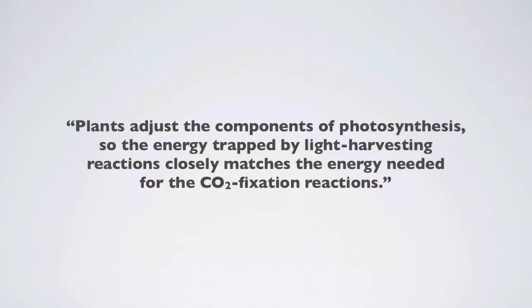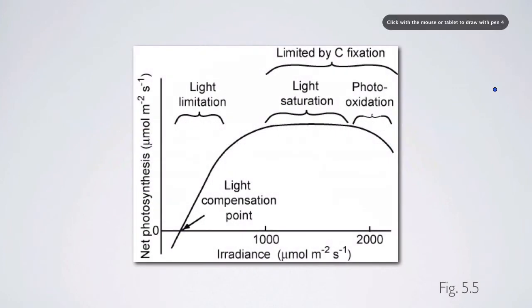Now plants adjust the components of photosynthesis so the energy trapped by light harvesting reactions closely matches the energy needed for the CO2 fixation reactions. What that means is that it's not necessarily beneficial to be light limited, nor is it beneficial to be limited by carbon fixation.